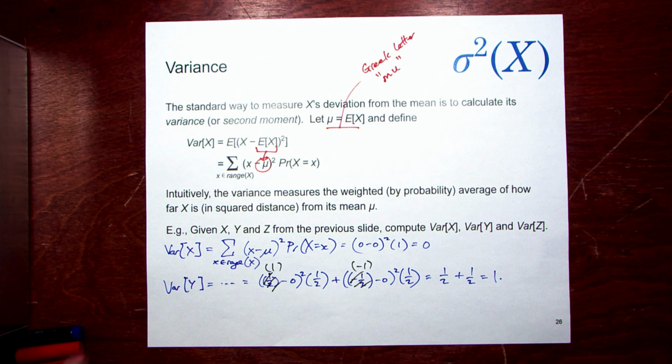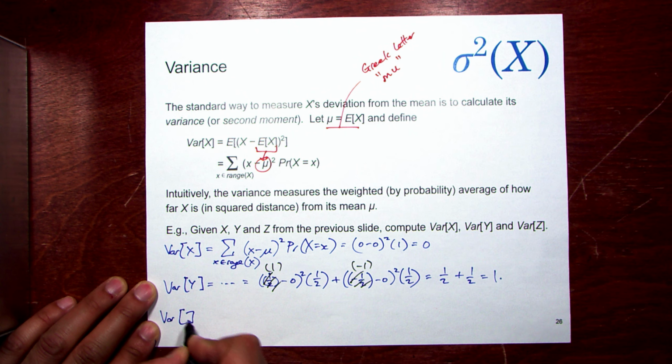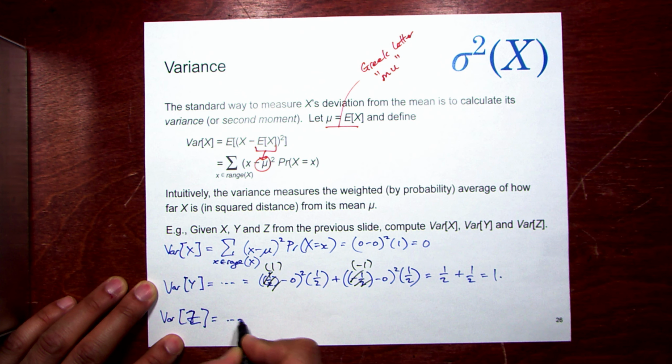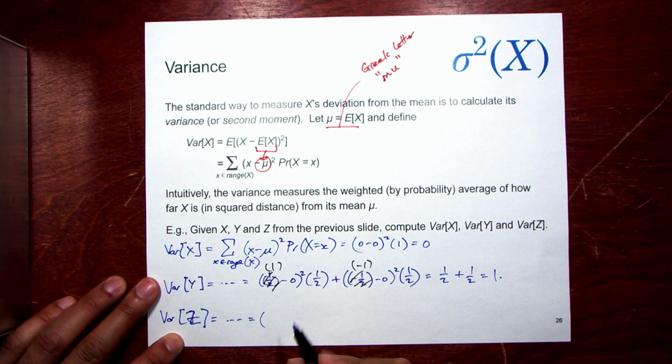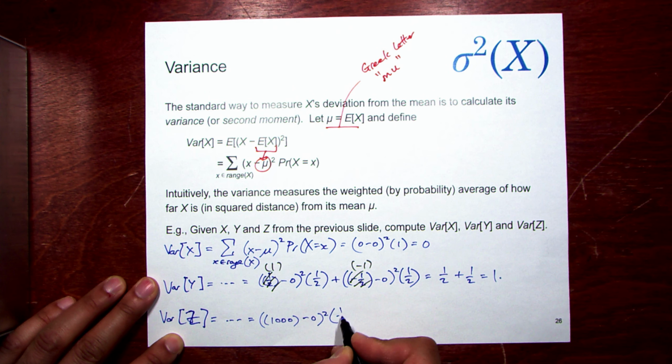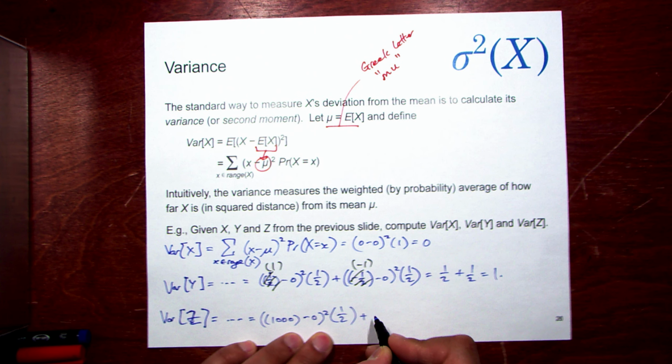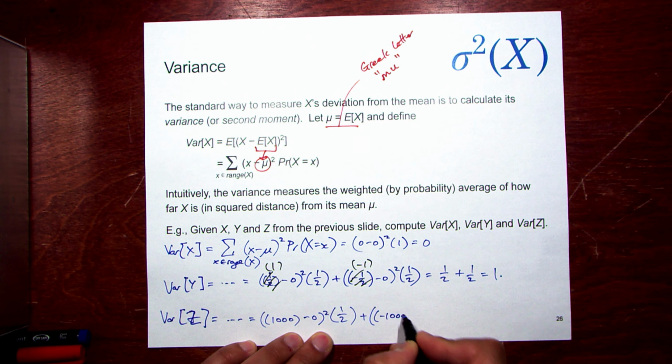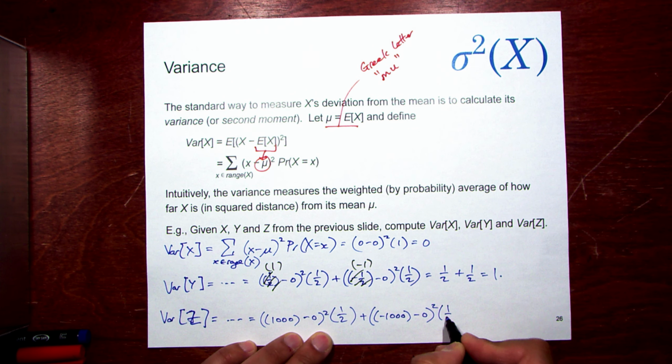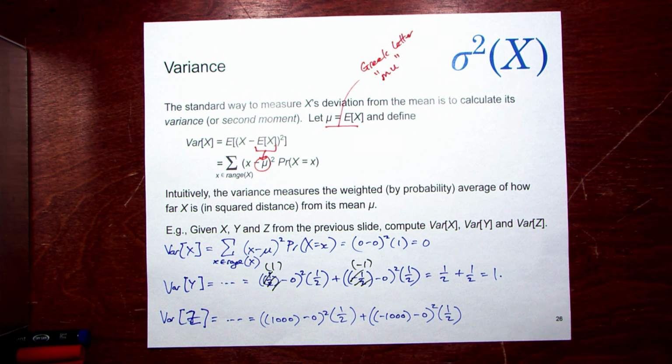Variance of z is going to look the same, except the numbers here will be 1,000, or minus 1,000. And 1,000 squared is 1,000,000. So you have 500,000 here, 500,000 here.